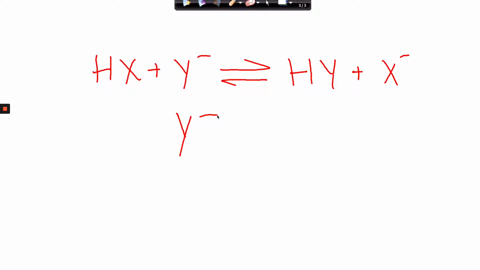And if the concentration of Y goes up, what does Le Chatelier's principle say it's going to do to the equilibrium? Drive it to the right. So it'll drive to the right. Does that make sense? Is that okay? Okay. All right. Guys, you're going to find out in chapter 17 that's how we make buffers, but we'll talk when we get there.